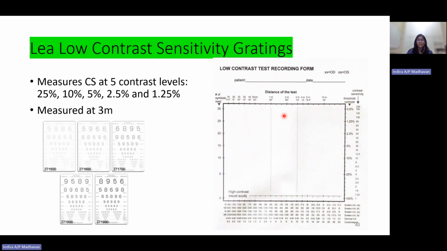If it doesn't show anything, then it could be a placebo effect, nothing is there. Or if it got worse, it means the treatment given to the patient is not fully working. Okay, it is causing some other problem, so they will find a way to rectify that.